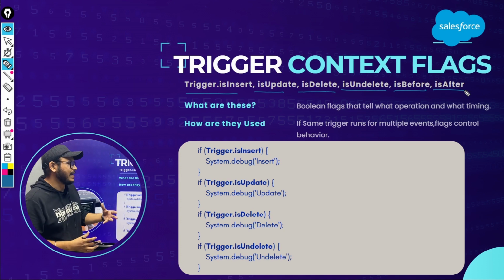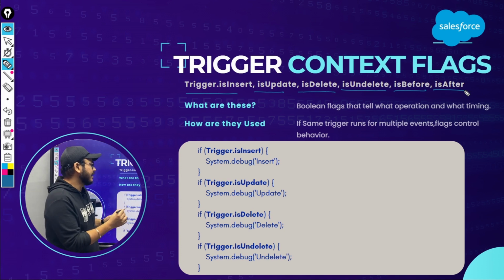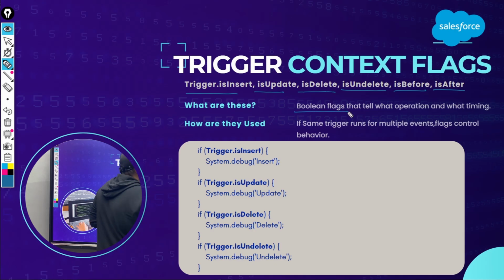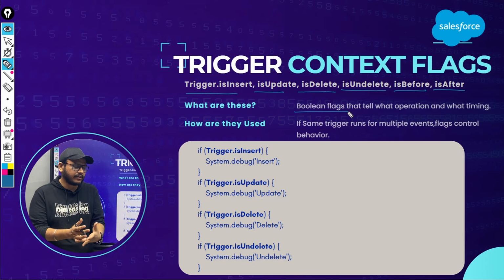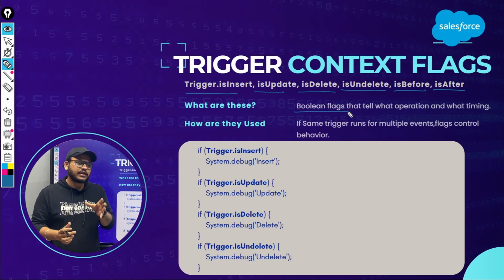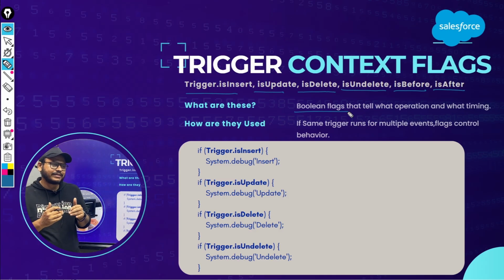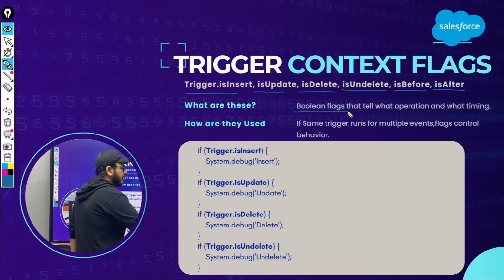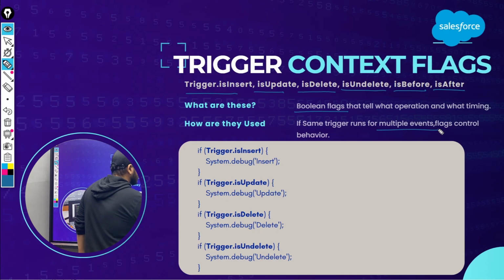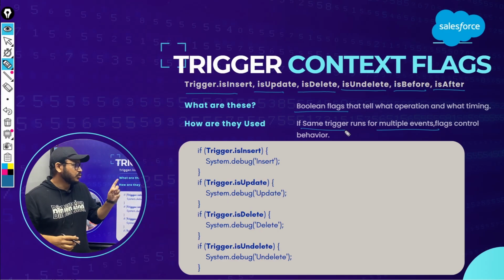These are Boolean flags which can be used to determine which trigger event initiated that particular trigger execution. Why are these used? In case you have multiple logics written inside a trigger, or if you have a single trigger which is being called on multiple events, you can use these Boolean flags.